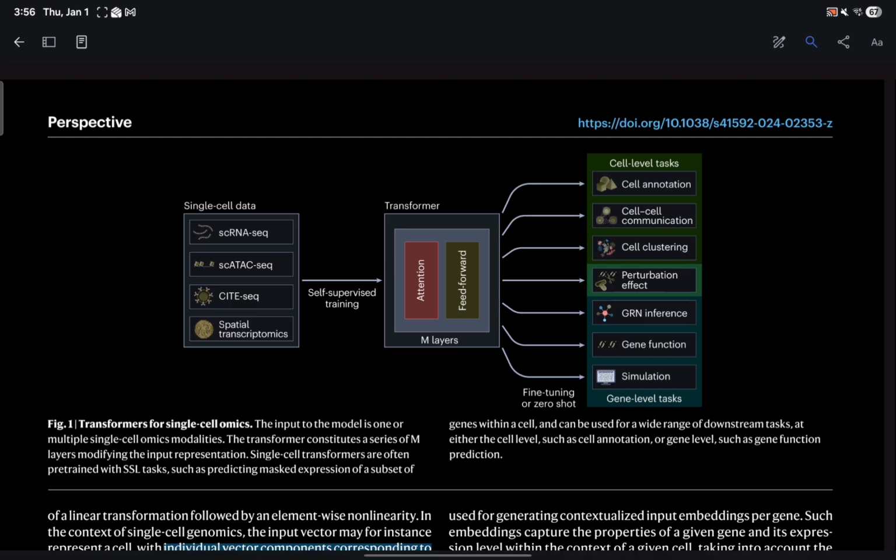So you have the regulatory networks inference. Basically, you want to know how genes regulate each other. For example, one gene can have some influence on others, or increasing gene A can decrease gene B, or so on. Then you have gene function.